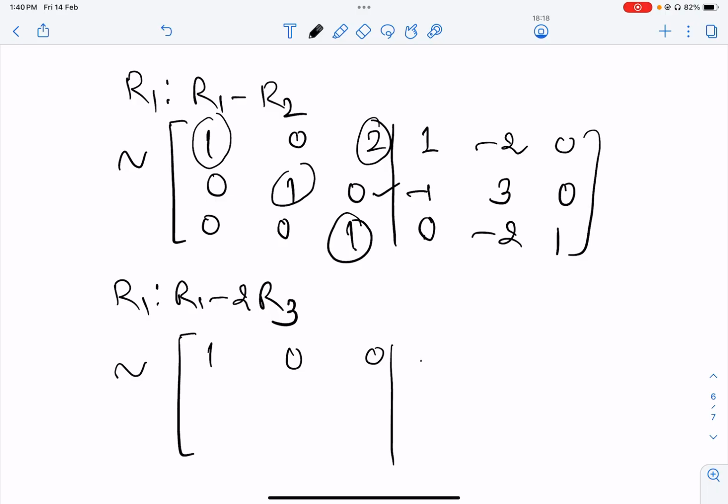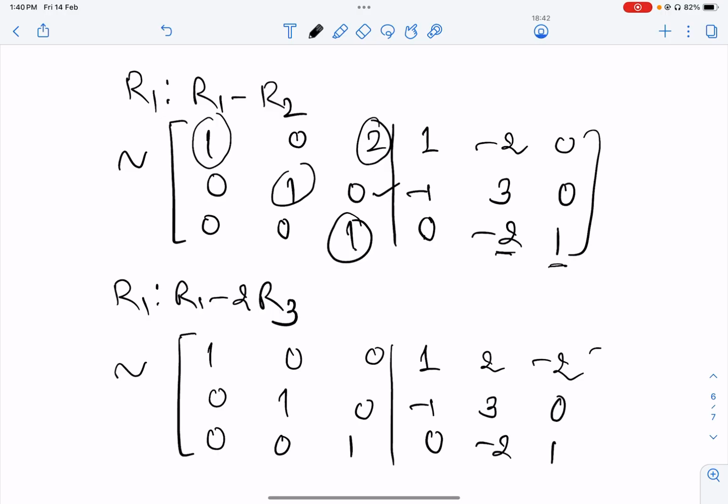Here 0, so it will be 1. Now multiply by minus 2, so 4 and minus 2, so that is 2. Multiply by minus 2 plus 0, so that is minus 2. This is 0, 1, 0, minus 1, 3, 0. This is 0, 0, 1, 0, minus 2, 1.